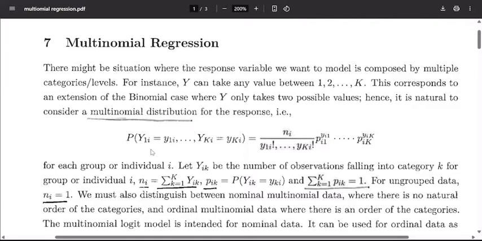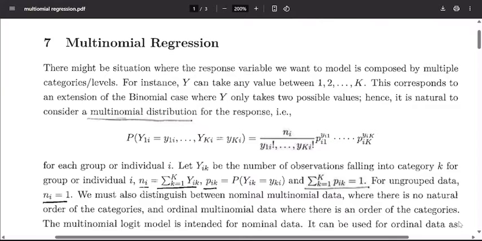So when I present this, take a look at it. That's the multinomial distribution; this is the probability mass function of the multinomial distribution. For binomial, you have two possible outcomes. For multinomial, here I'm saying k possible outcomes, and that means k categories.